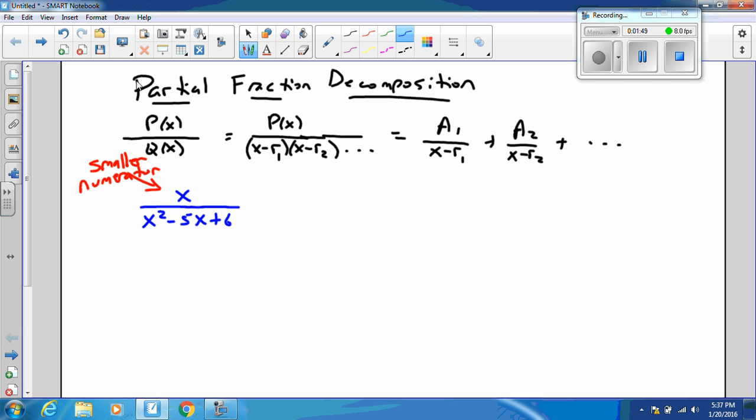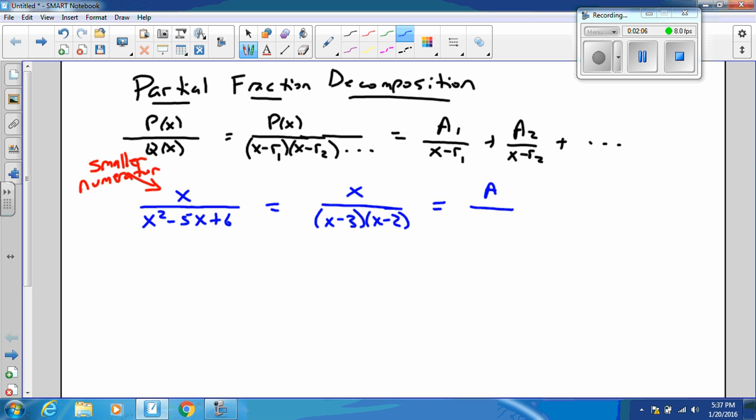Then, having said that, we're now going to appeal to the age-old concept that factoring is our friend. And we're going to factor the denominator as x minus 3 times x minus 2. And this gives us a clue as to what the partial fractions will be.